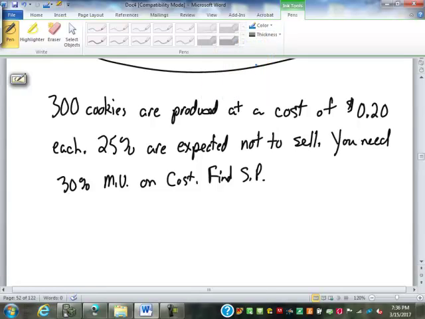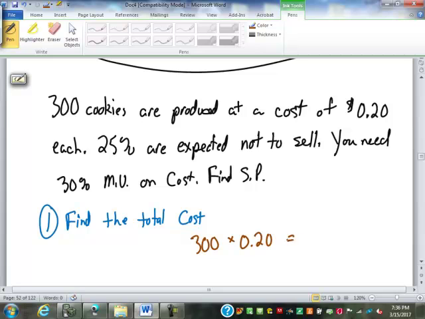So this process changes just a little bit. The first step here is to find the total cost. So here we have 300 cookies times 20 cents each.